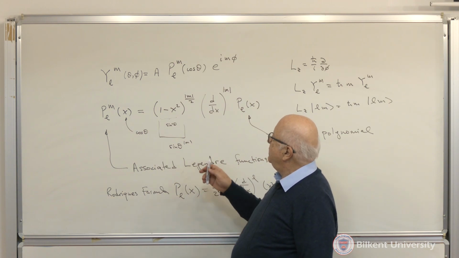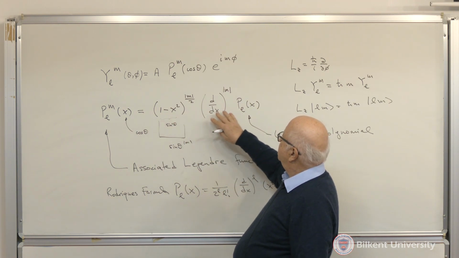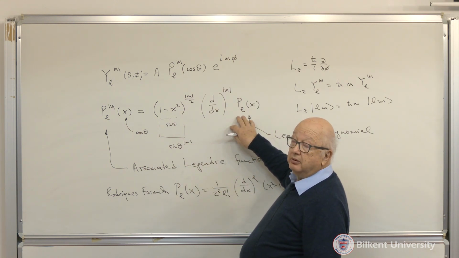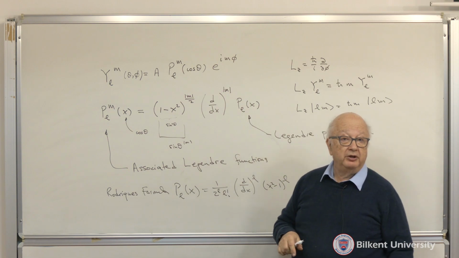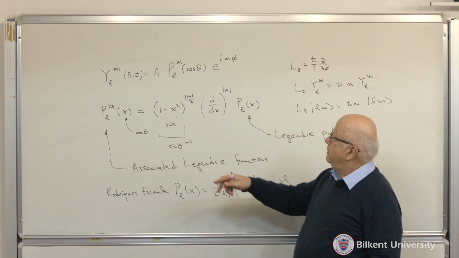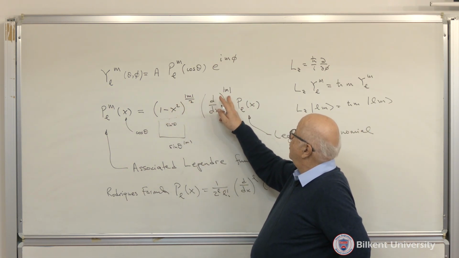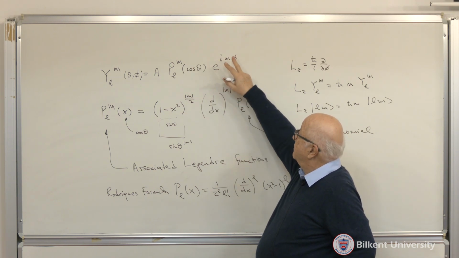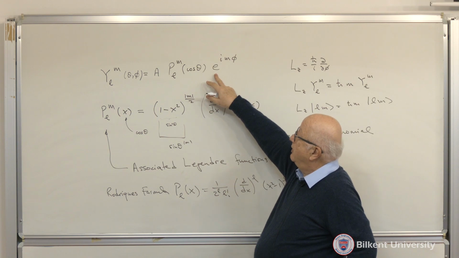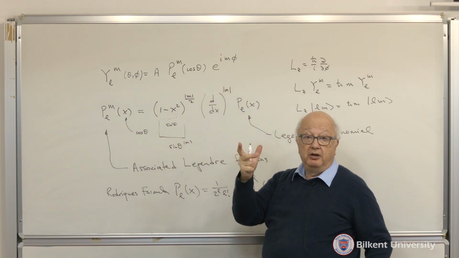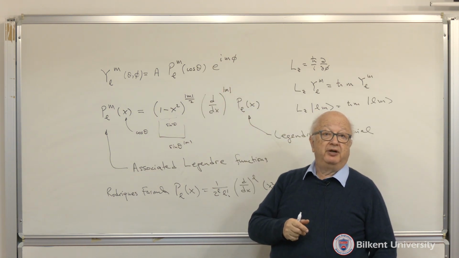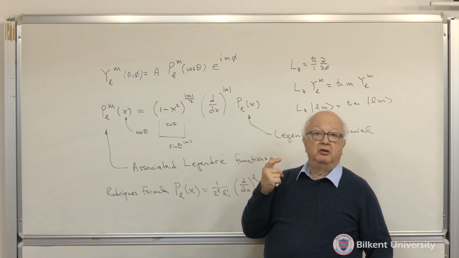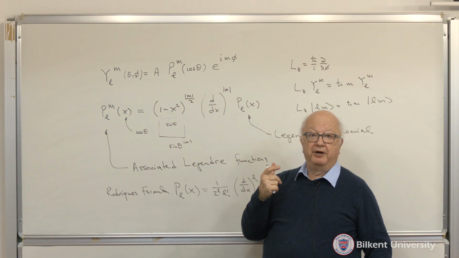For m equal to 0, all these derivatives drop out, and you are left with the Legendre polynomial. In that case e^(i m phi) becomes 1, and you have a completely azimuthally symmetric distribution. So it doesn't depend on the angle phi.